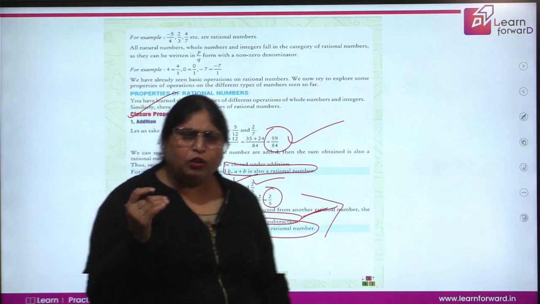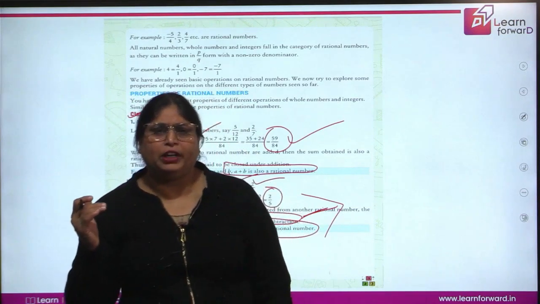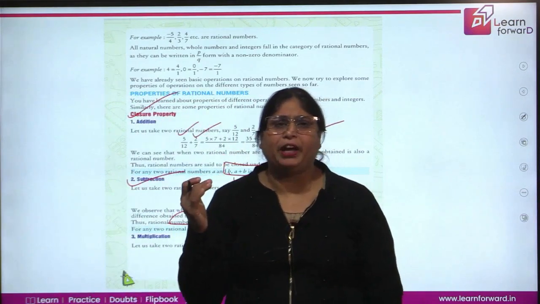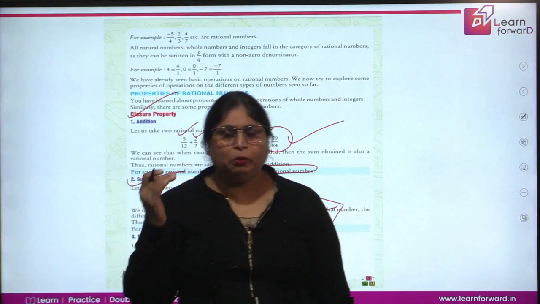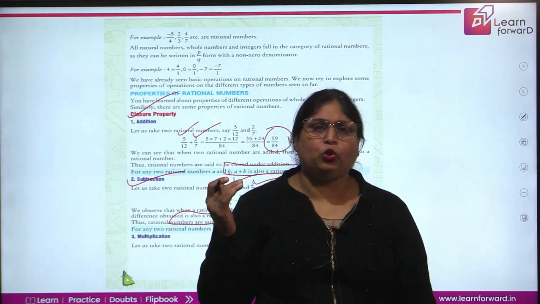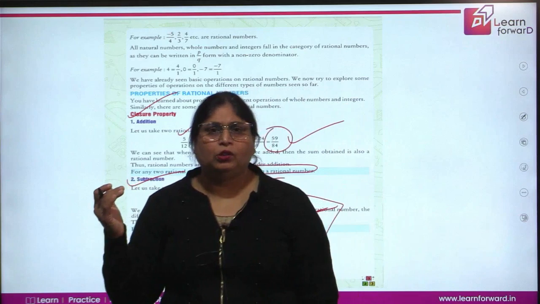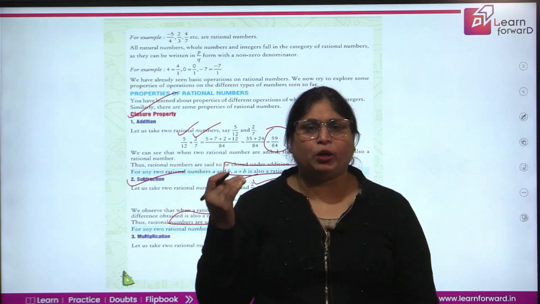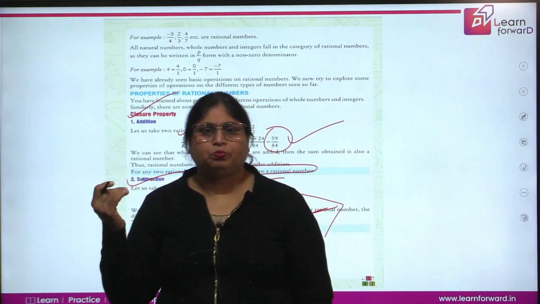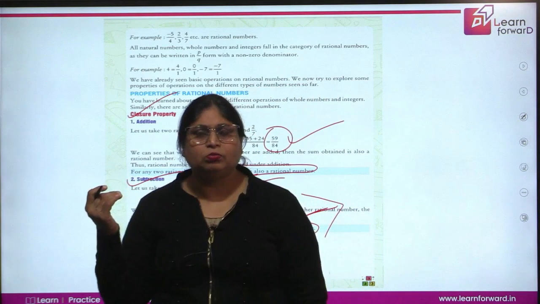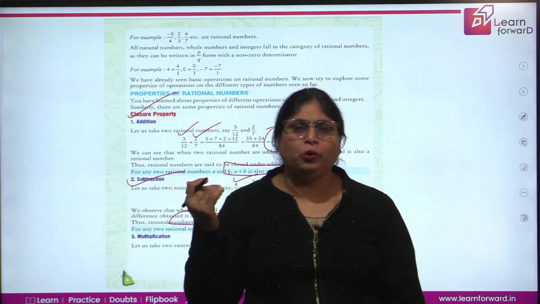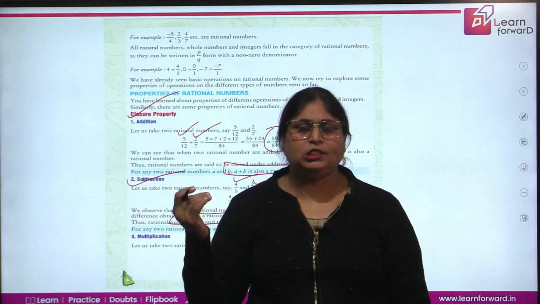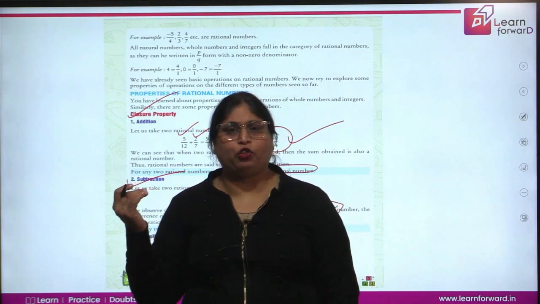If we multiply any two rational numbers, what will be the answer? Suppose 1 upon 2 multiplied by 1 upon 2. What is the answer? Any one of you? Yes. 1 upon 4. Very good.